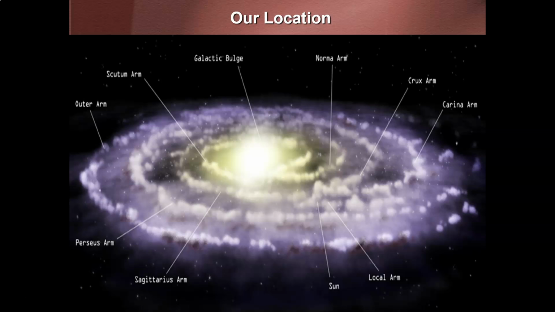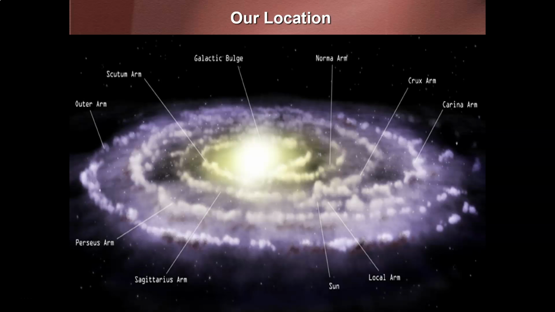You can see Sagittarius arm, Perseus arm, the outer arm. And the local arm, you can really see that inside the local arm is where our solar system is located, and Earth, of course. So as you can see, it is very difficult because of our location.